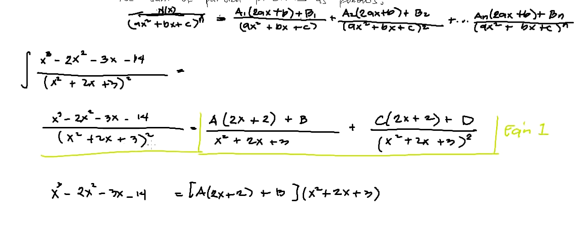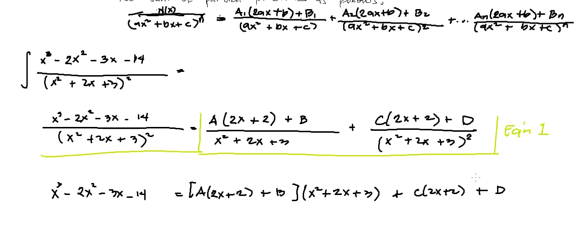Remember, we've multiplied this and it is raised to 2, so the denominator is only raised to 1, so we have left with x squared plus 2x plus 3 here. Okay, and then plus this one. If we multiply this LCD on our second part, we will cancel out x squared plus 2x plus 3 raised to 2, because this will equal to 1. And what we have left here is C times 2x plus 2 plus D.